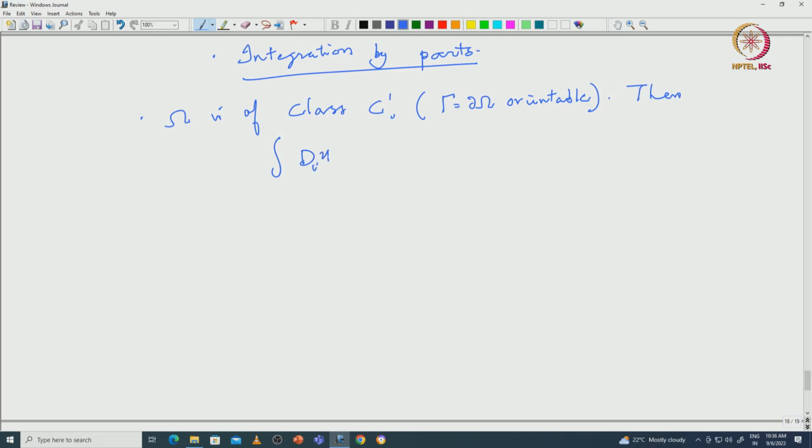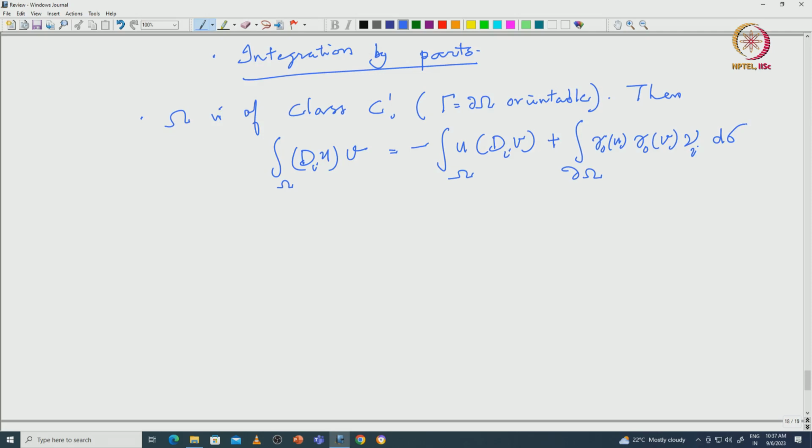Then the integral of d_i of (u v), this is a distributional derivative, is equal to minus the integral of u d_i of v over Omega plus, no sorry, it's not du by d nu, that is the next step. It is a boundary term. So, first let me do it with gamma_0 of u, gamma_0 of v, nu_i, the i-th component of the normal, with respect to the surface measure.